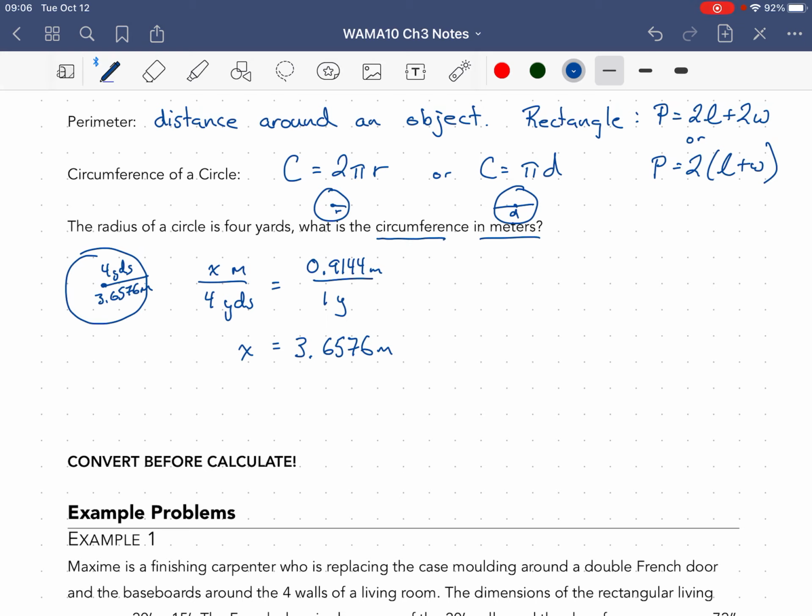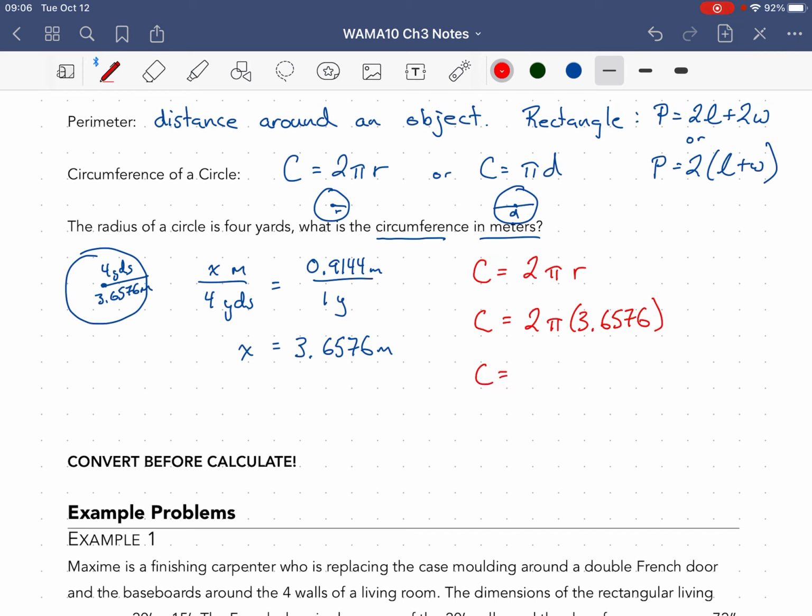Now I want to know the circumference. So it's part 2. So I write out my formula. Circumference is equal to 2 times pi times the radius. So circumference is equal to 2 times pi times 3.6576.